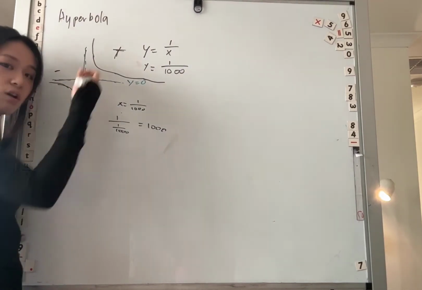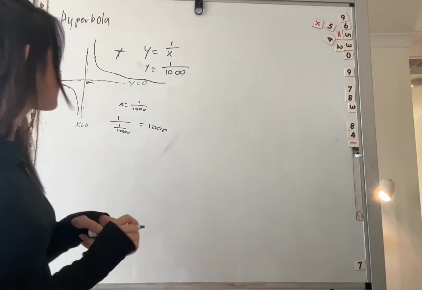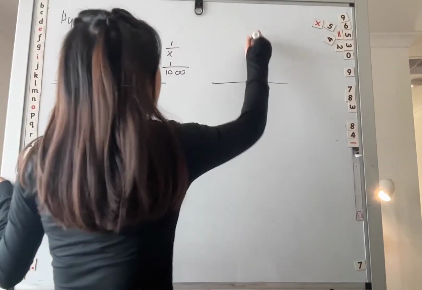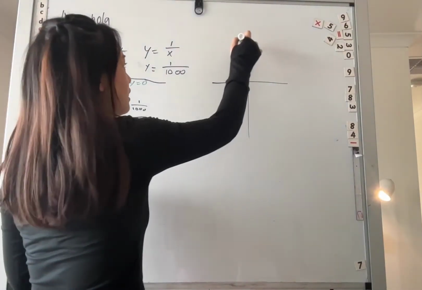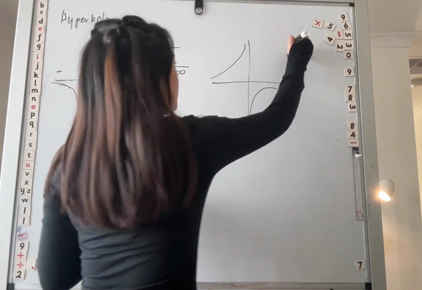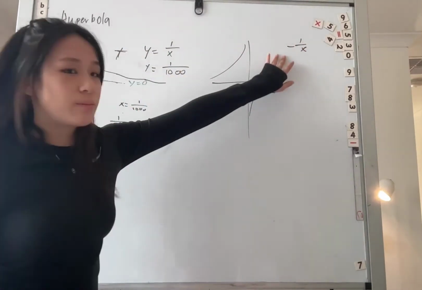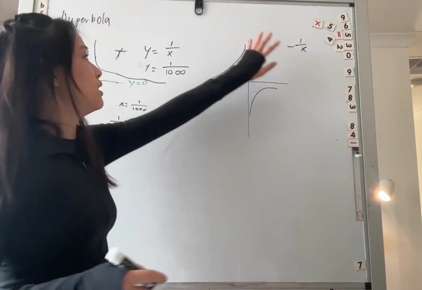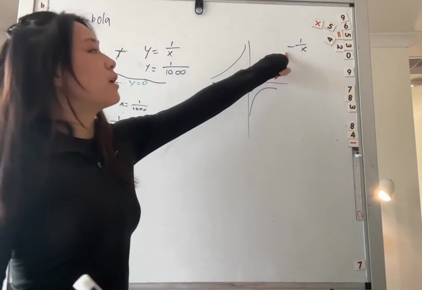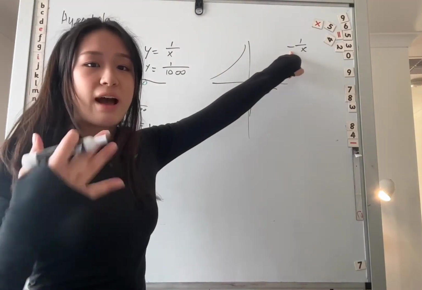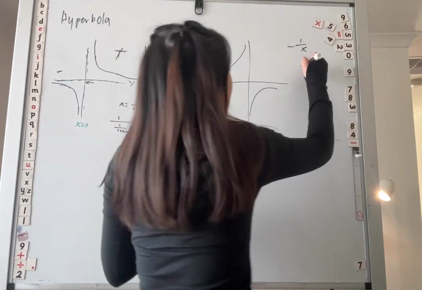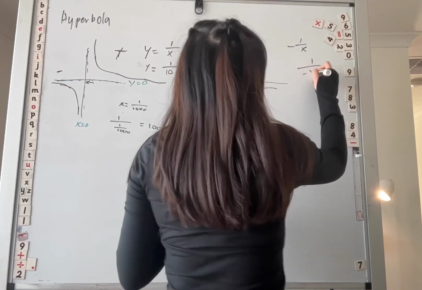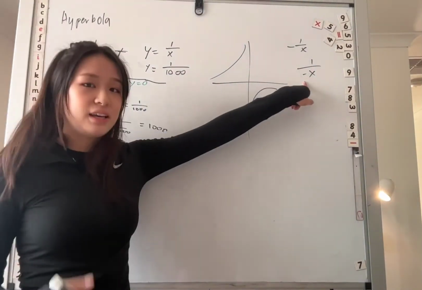And the same concept applies, okay? And now there's only one graph that you have to deal with, reflection-wise, it's negative 1 over x. Because if I reflect in the x-axis, I'm just putting the reflection outside the function, right? But if I am dealing with reflection in the y-axis, once again, I put it inside the function.